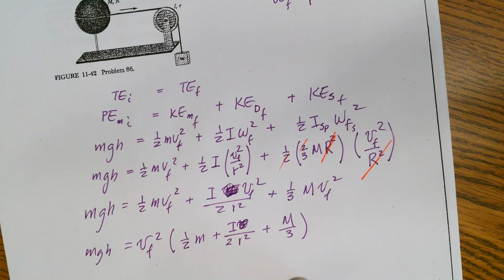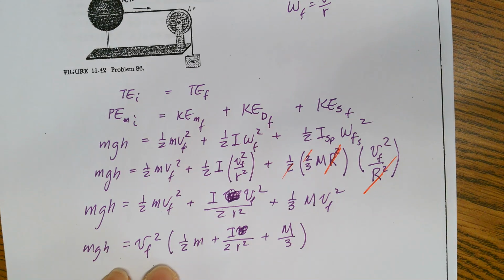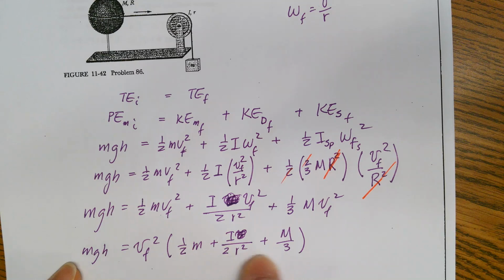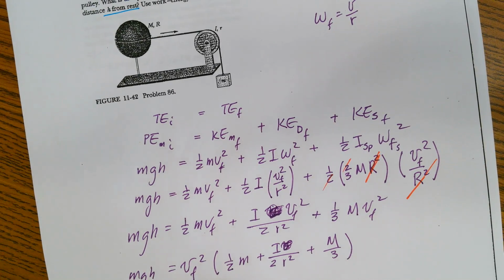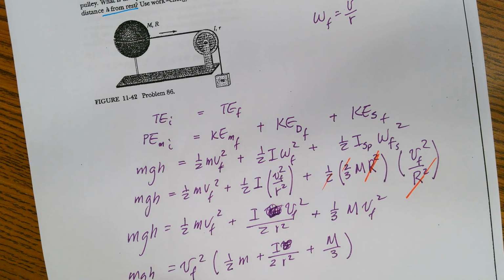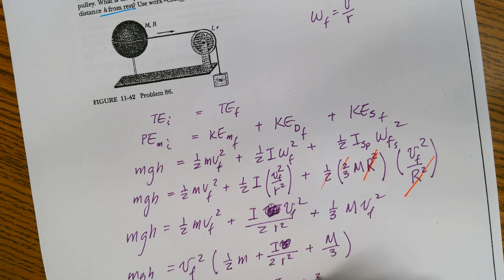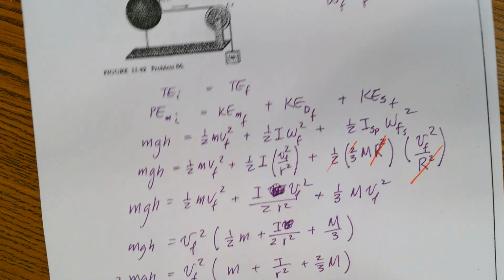So, I guess from here it's just the algebraic manipulations, right? So if you multiply everything by 2, you're going to get 2mgh is equal to vf squared times m plus I over r squared plus 2/3 m, right?